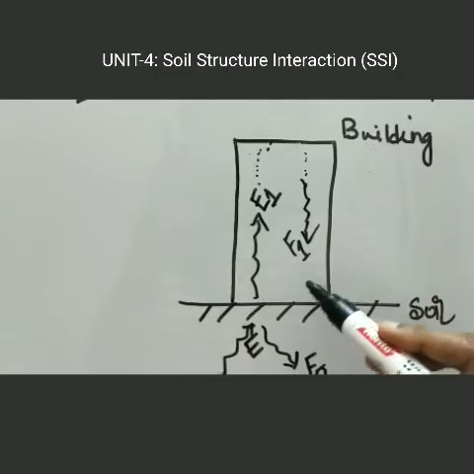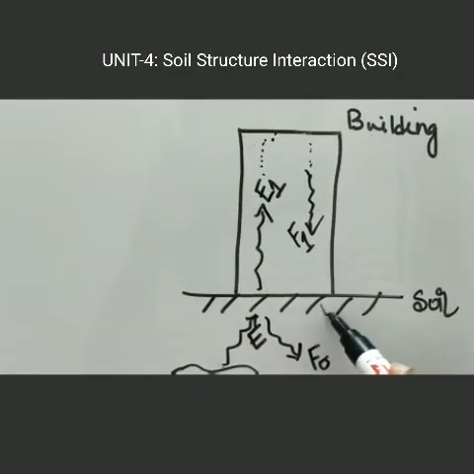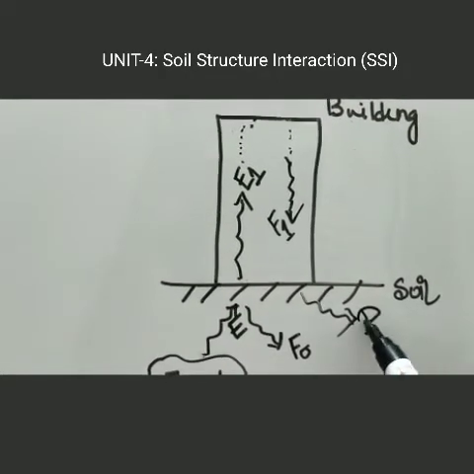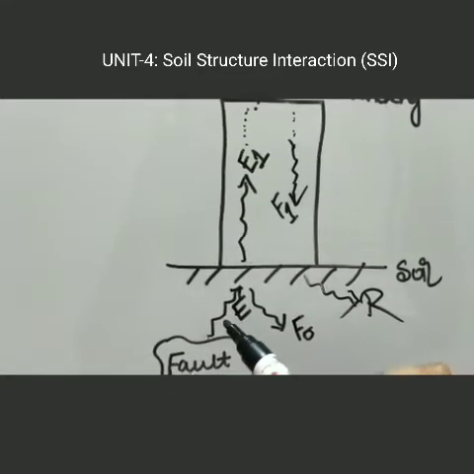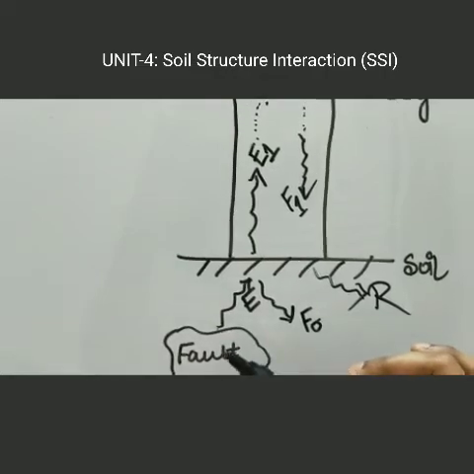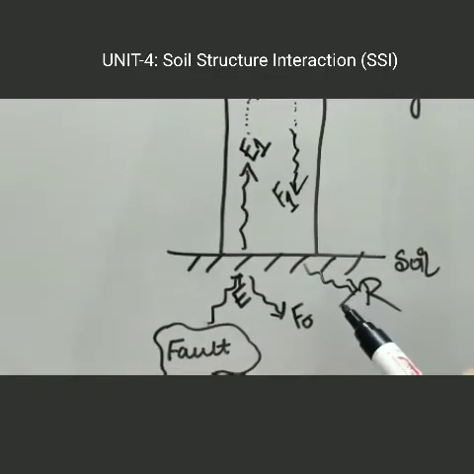After the downward motion, the transmission wave will come back to the soil, suppose as R. There will not be only one wave; there will be different waves passing from the fault to the building, and this phenomenon will keep on happening.